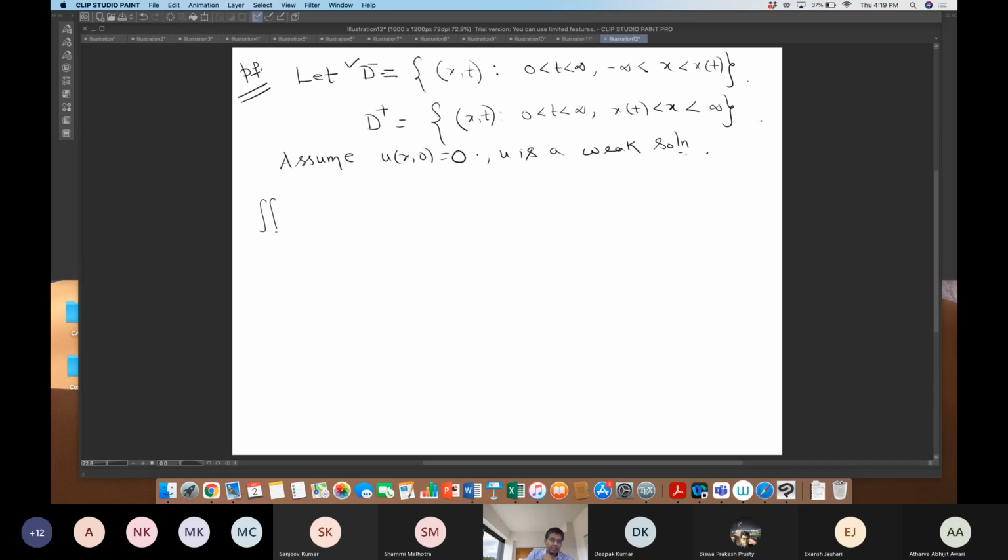So this is D minus, u v t. Just write down the definition of weak solution. The integral of u v_t plus f of u v_x, dt dx, is equal to the integral from minus infinity to x of t of u at x, 0 times v at x, 0, dx.